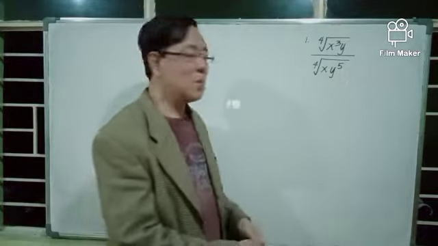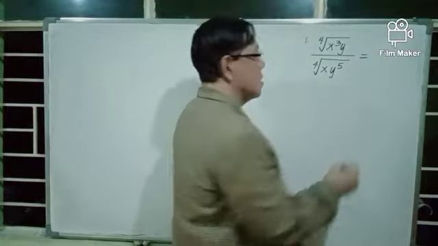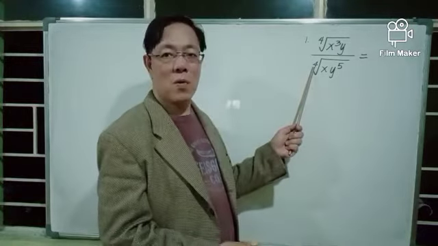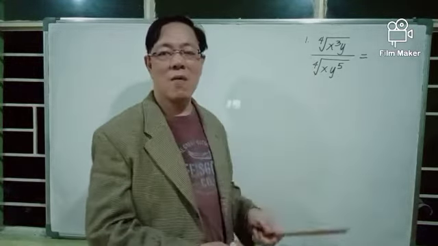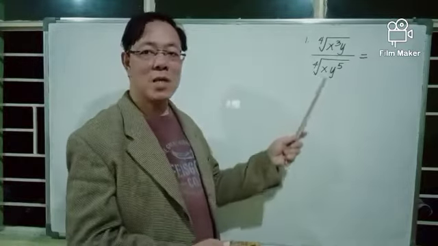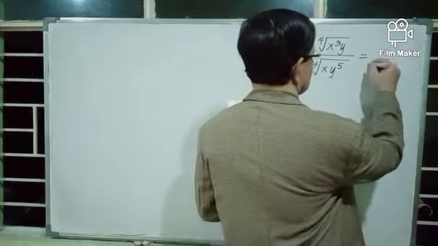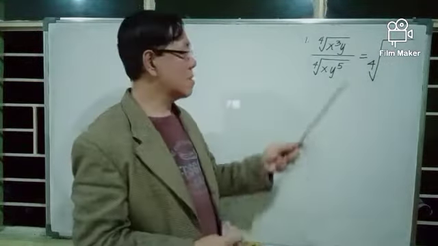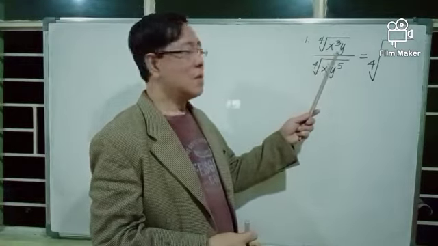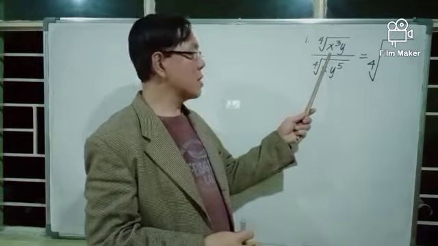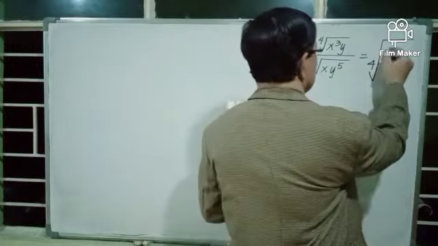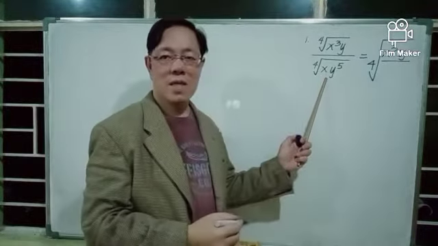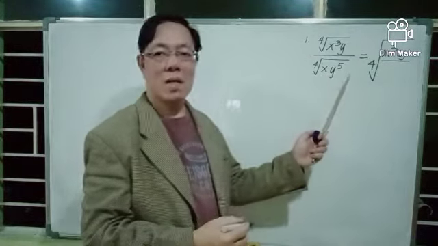And this is equal to the radical expression with index of 4, because 4 is the common index of the radical expressions in the numerator and denominator. And the radicand is the ratio or the quotient of the radicand in the numerator, x cubed y, divided by the radicand in the denominator, xy raised to 5.